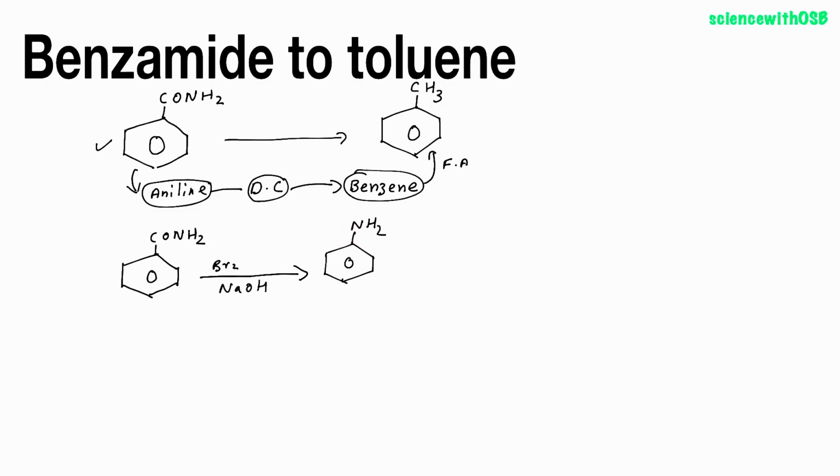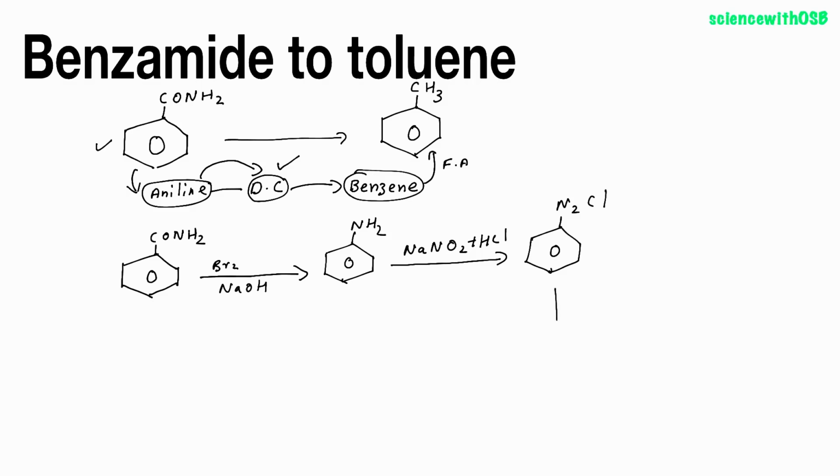Okay, now next step, what are we doing? You are converting it into diazonium chloride. How to convert it? By adding NaNO2 and HCl, right? Okay, so what are you getting? Benzene diazonium chloride, correct?